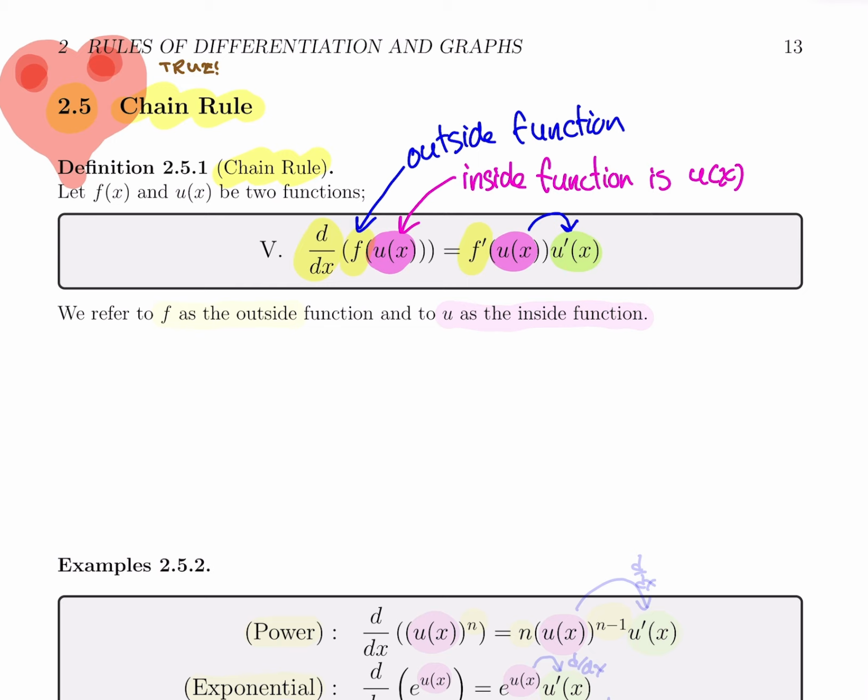Okay, and here the main difficulty is really to see what's inside and what's outside, and to not mix up, like, is it a product or a quotient? This formula, if you compare it to the product rule or quotient rule, is not as user friendly, because you need to find what is the outside function and the inside function, and it's not very trivial algebraically speaking.